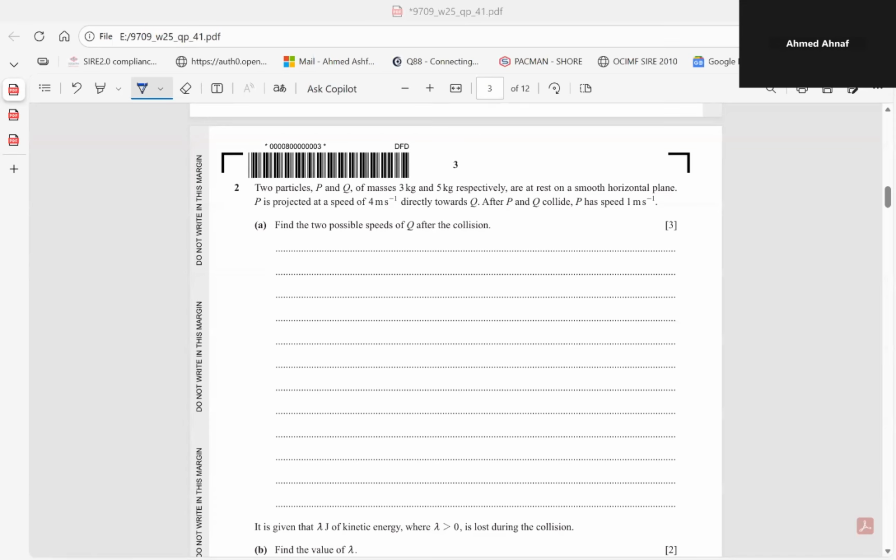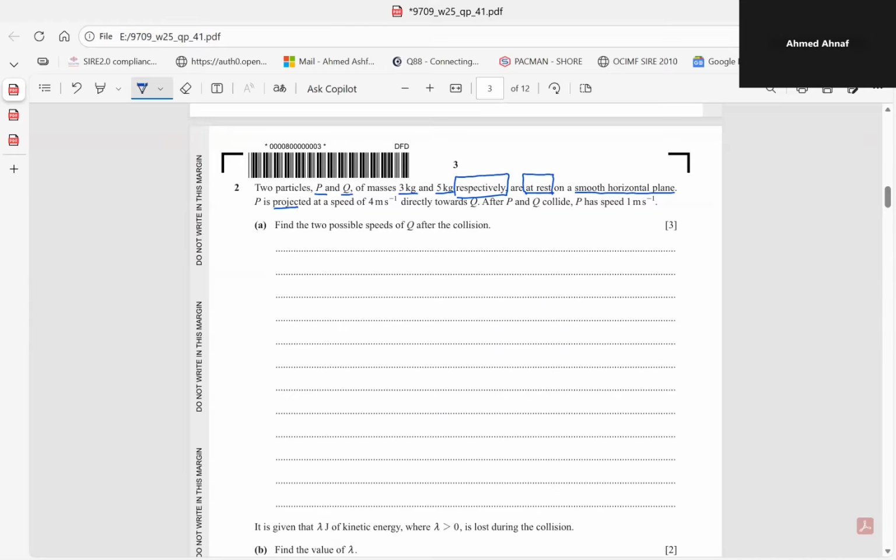Okay, so for this second question, we are told that two particles P and Q of masses 3 kg and 5 kg respectively are at rest. So this is a keyword, on a smooth horizontal plane. So there's no inclination.